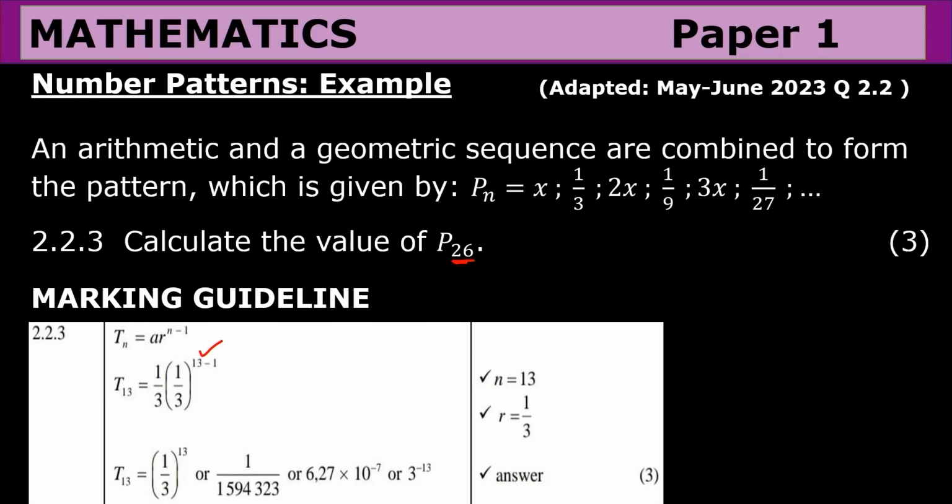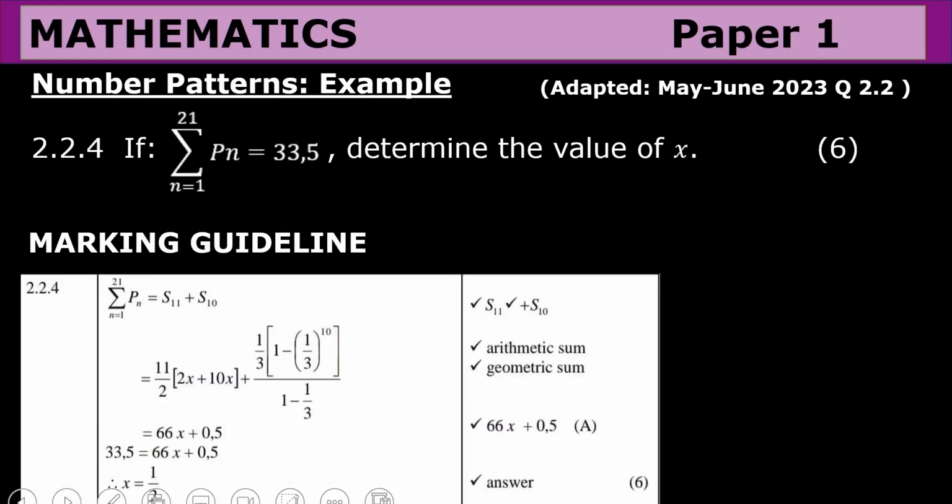Now, which sequence is this? This is going to be the sequence of even numbers because 26 is an even number. We're going to get a mark for the value of r. And lastly, after substitution and calculating, we're going to get a mark for the answer.